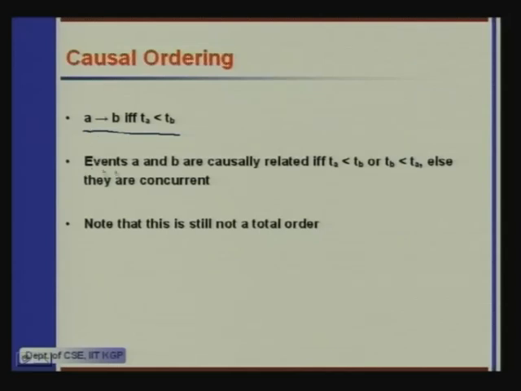Now, that means that events A and B are causally related if Ta is less than Tb or Tb is less than Ta, else they are concurrent. Remember that when you say something is less than something, it has to be less in at least one dimension and less than or equal to in all other dimensions.